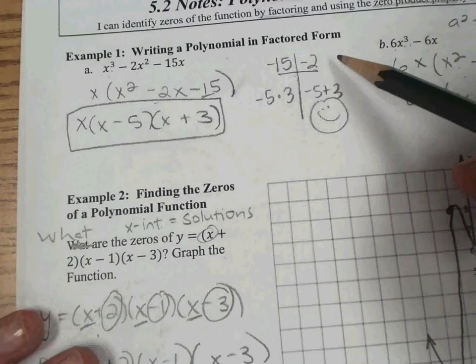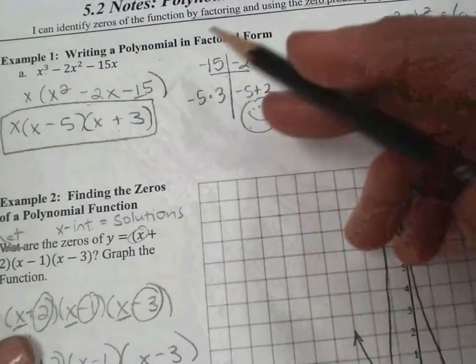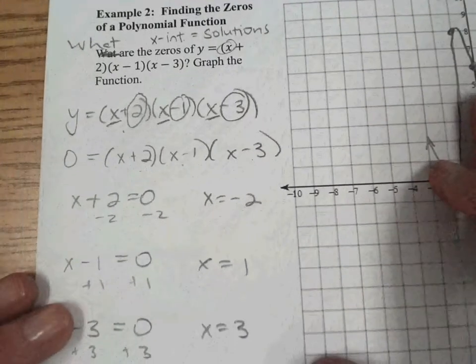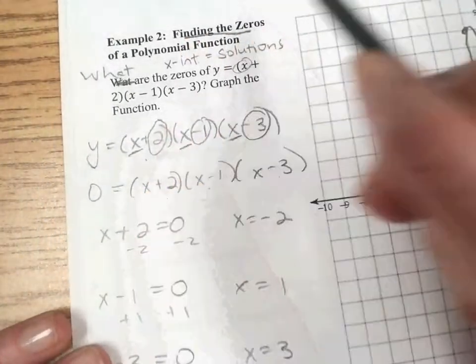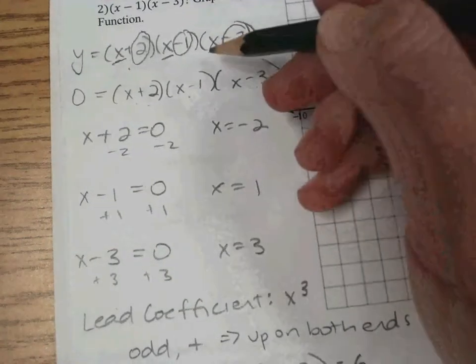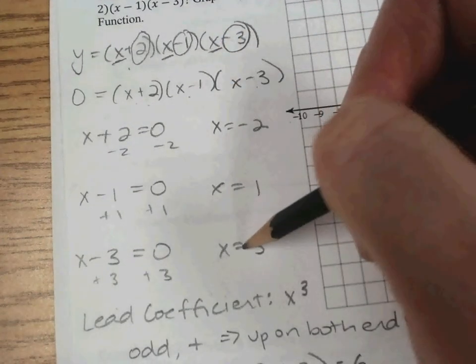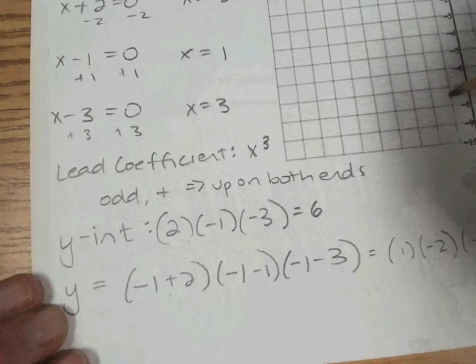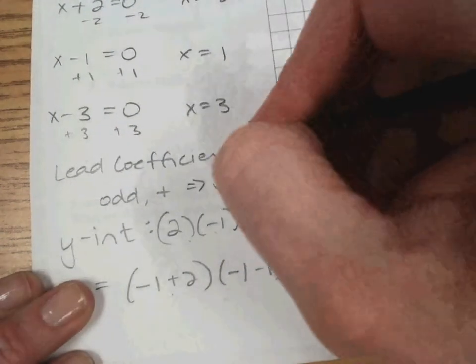So in summary, we talked about writing a polynomial in factored form. This is review. Factoring completely. We then talked about finding the zeros and graphing. The key here is really being able to find these zeros without using your graphing calculator.